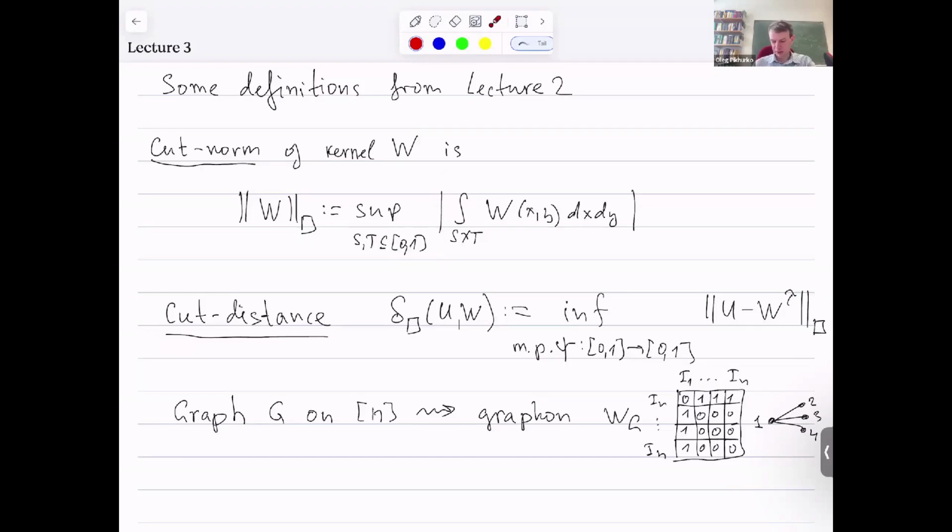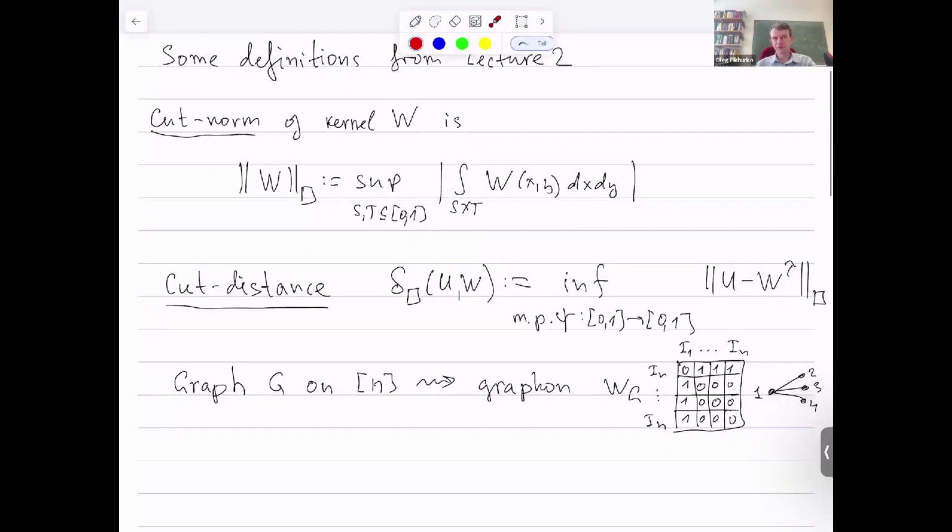And you ask what is the worst pair S, T of measurable subsets such that W on average on S times T deviates from zero the most. This cut norm may look a bit strange at first sight. In the L1 norm, you don't have any S, T and you just integrate the absolute value of W.